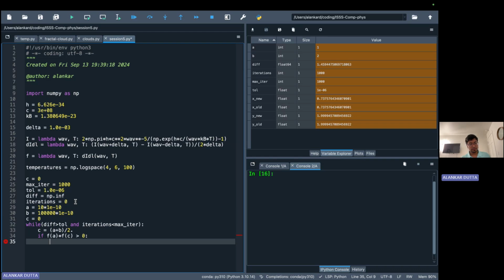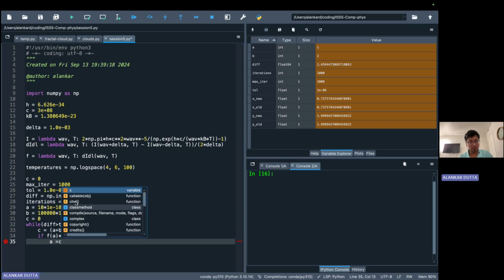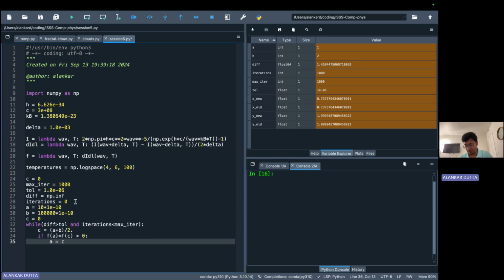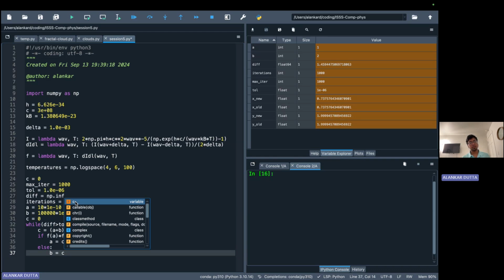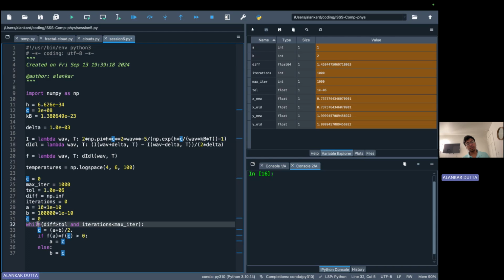Then A has to be replaced, so A equals C. Because they are of the same sign, we replace this. And if they are of different signs, then the other one has to be replaced, which is B. So we do else B equals C, right? The ones which are of the same sign have to be replaced, while the one which is of a different sign has to remain the same.